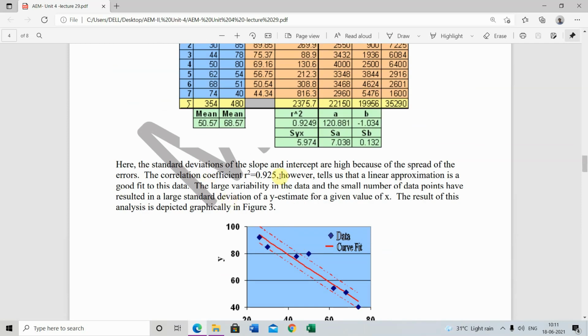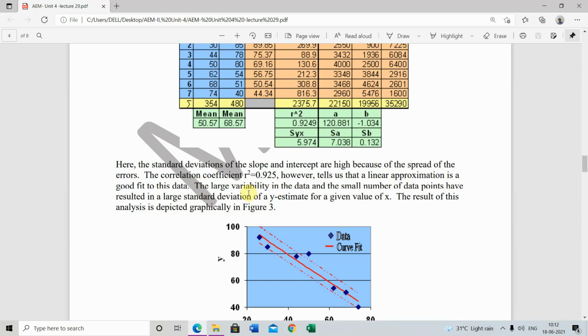Here the standard deviations of the slope and intercept are high because of the spread of the errors. The correlation coefficient r square equals 0.925, however, tells us that a linear approximation is a good fit to this data.